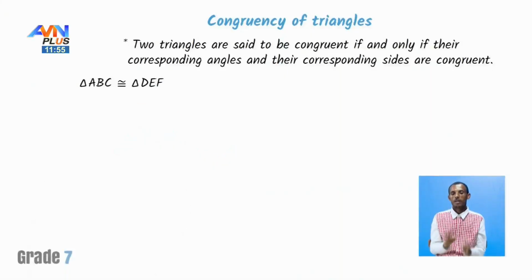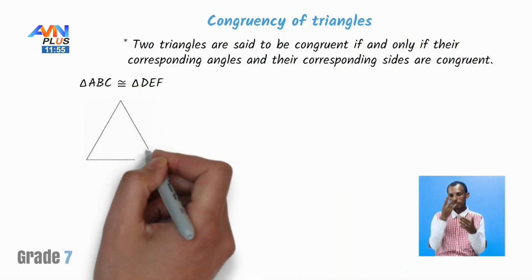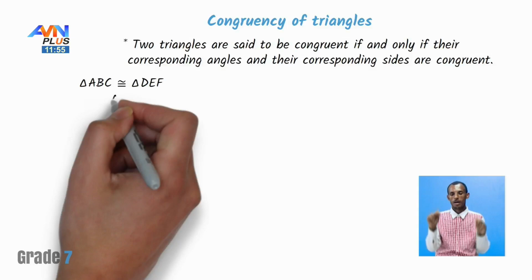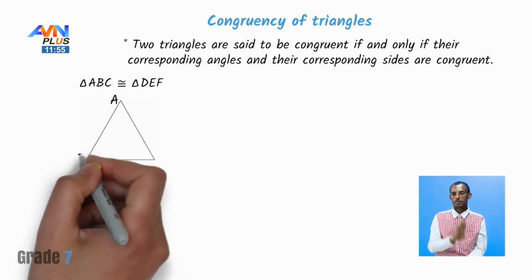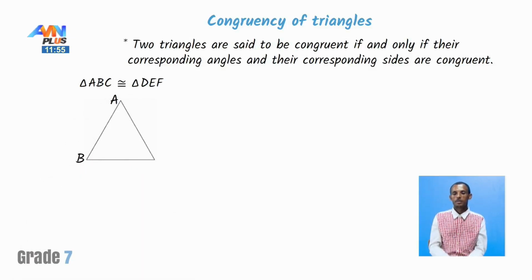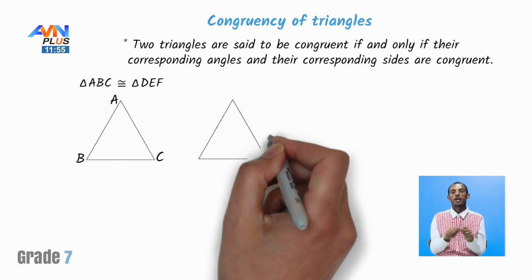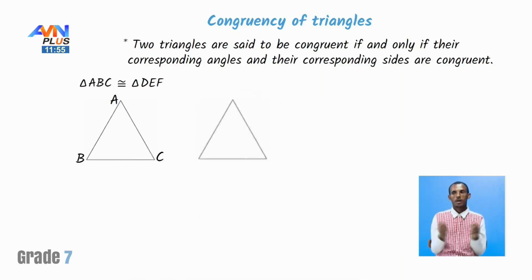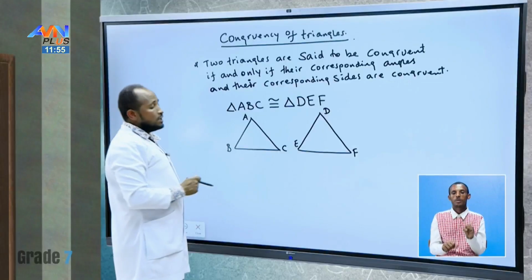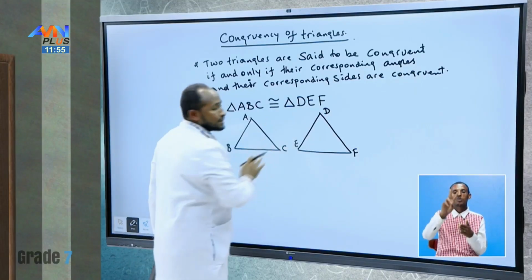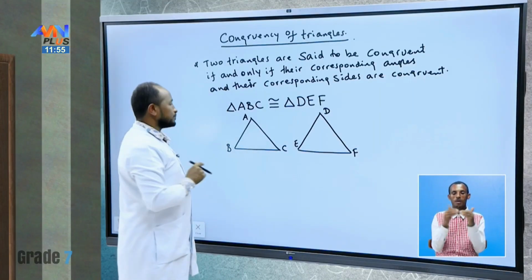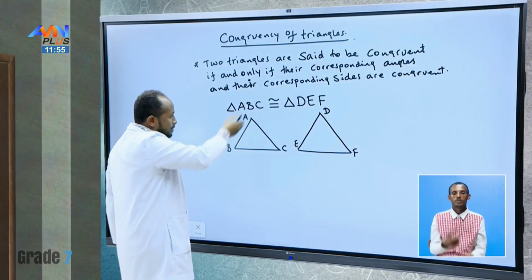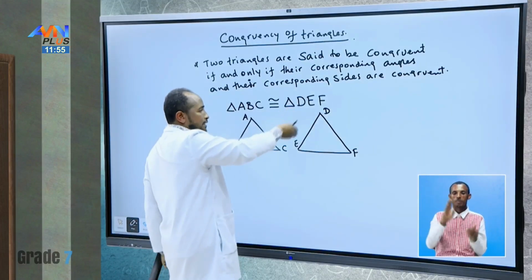Let's see it in picture. Assume this one is triangle ABC. Here you have an exact copy, or congruent triangle, DEF. So in order to say these two triangles are congruent, side AB must fit on side DE.